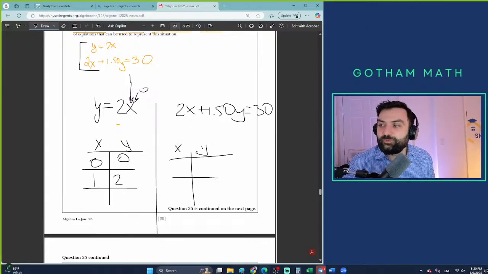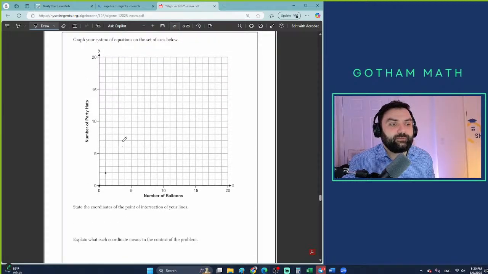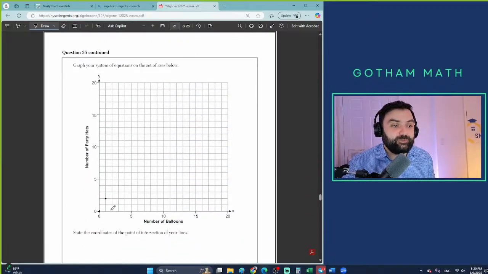If you're going to be pretty neat, this is all you need. 0, 0, and 1, 2. 0, 0 is here. 1, 2 is there. And then you just connect it, all the way. You could have also done 2, 4, right? You just keep the slope and go up.